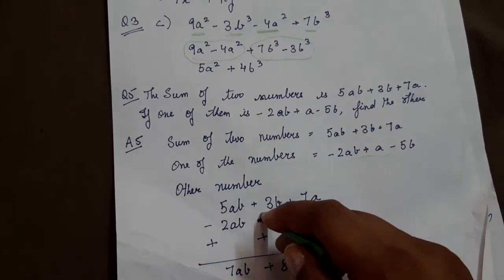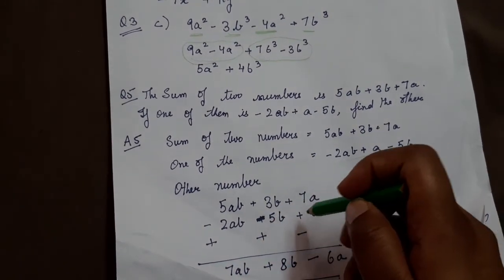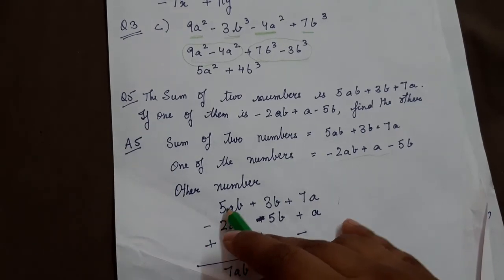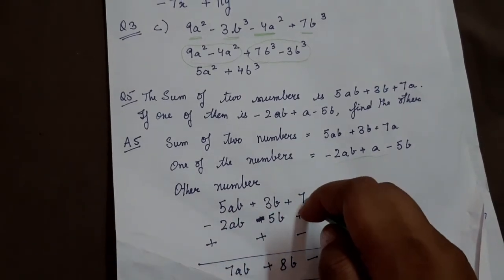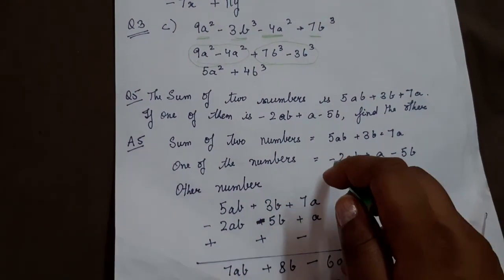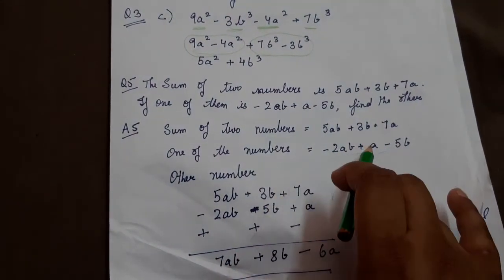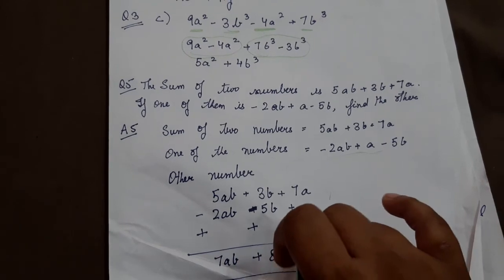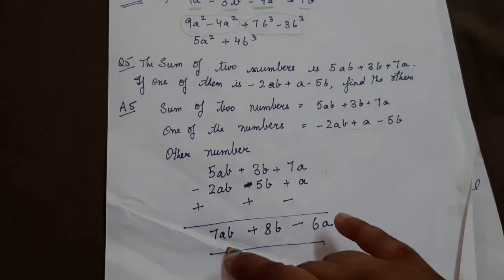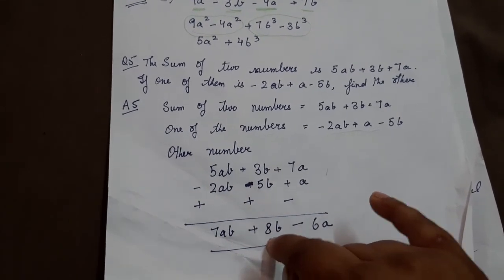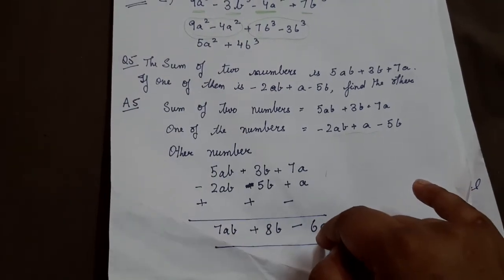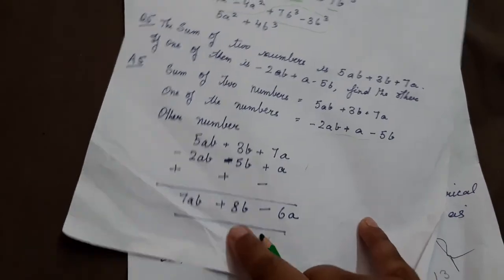Minus becomes plus, minus becomes plus, and plus becomes minus. And do remember 5ab plus 3b plus 7a, I have to write according to the like terms. Minus 2ab minus 5b plus a. Then I have changed the signs. So it becomes 7ab plus 8b minus 6a. Right? So this is the second number.